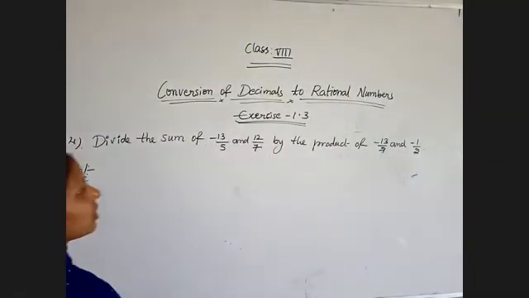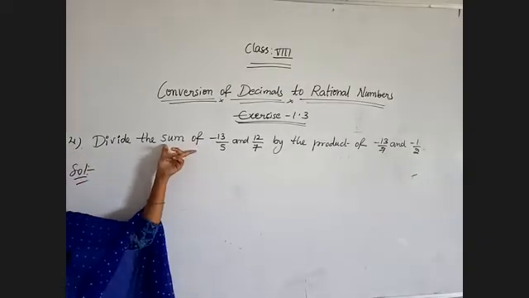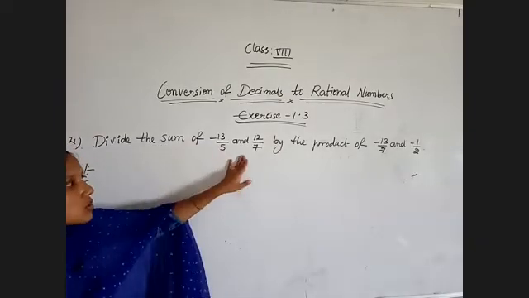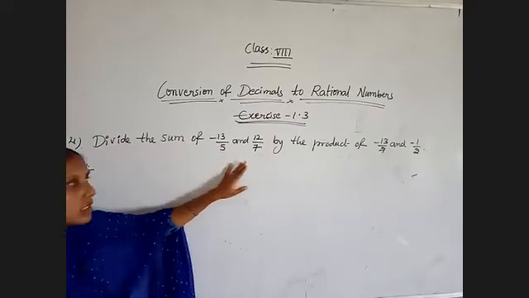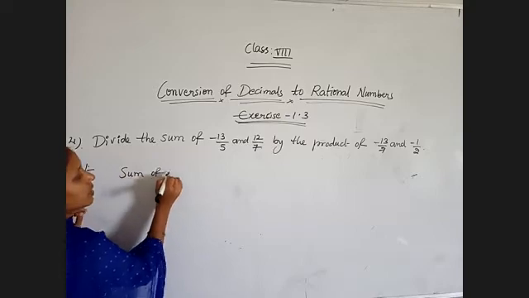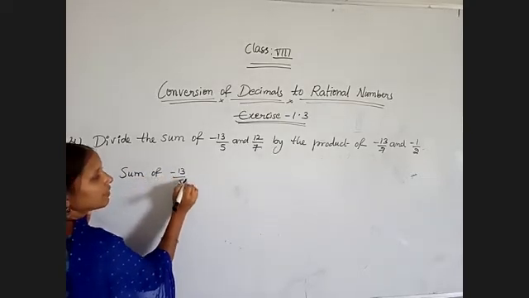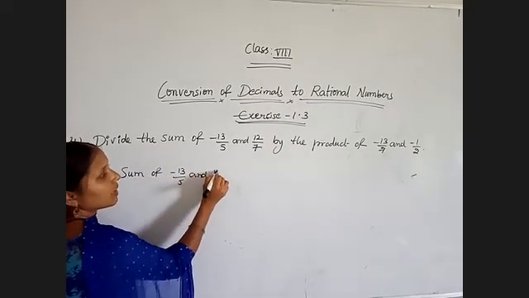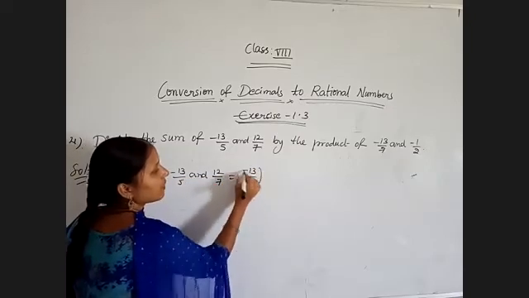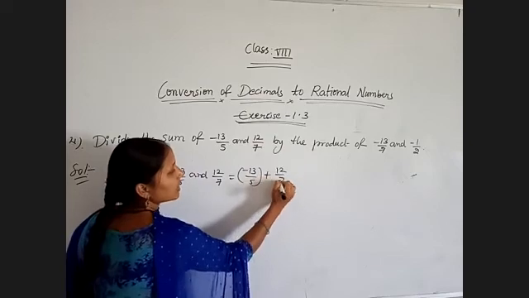Okay. Now, first term they are asking sum. Sum in the sense what we have to do? Addition. So, add these two numbers. Sum of minus 13 by 5 and 12 by 7 is equal to minus 13 by 5 plus 12 by 7.